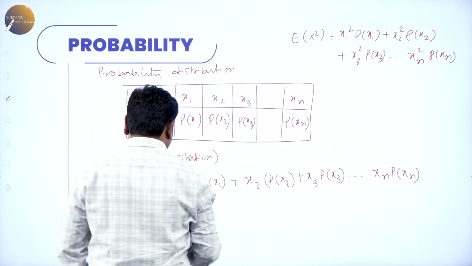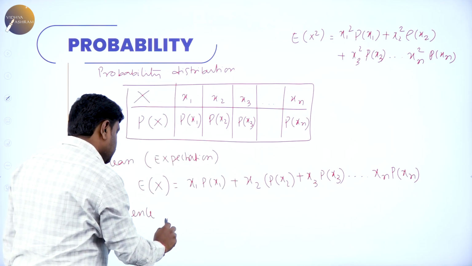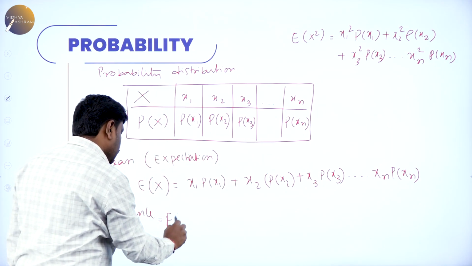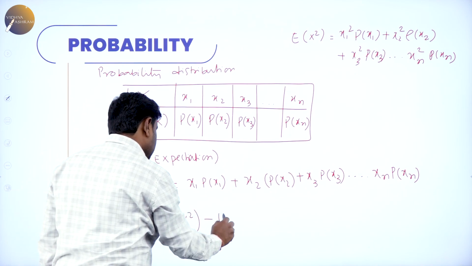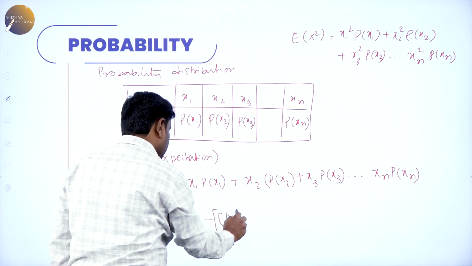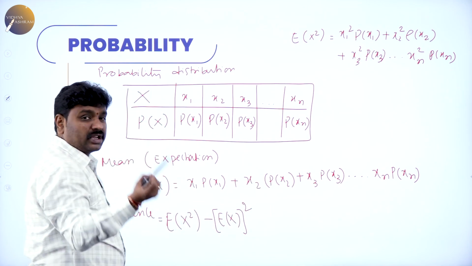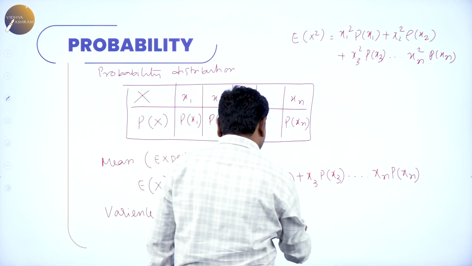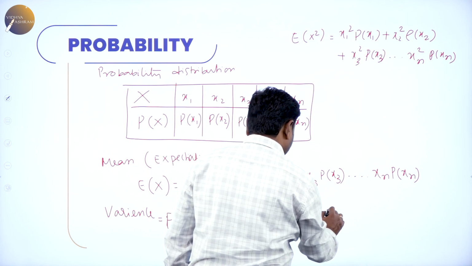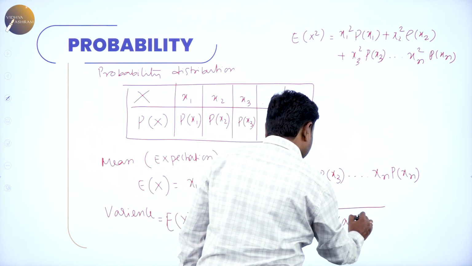Then use the formula for variance. Variance is equal to E of x square minus E of x the whole square. If you do that, you will get variance. Once you get variance, go for standard deviation. What is the formula for standard deviation? Root of variance. That's it.